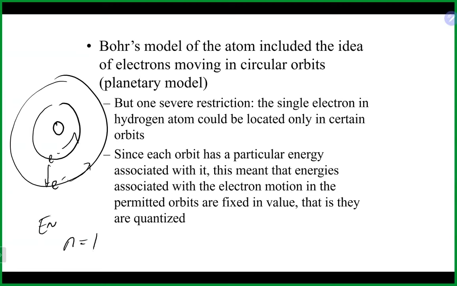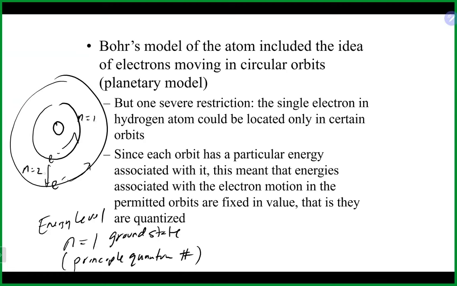That is the energy level, which is what is known as the principal quantum number. And n equals 1 is the ground state, and that is the closest to the nucleus. So this would be n equals 1, this would be n equals 2, n equals 3, 4, 5, 6, 7, as you keep putting more rings on it. Anything above n equals 1 is considered an excited state, higher in energy, further away from the nucleus.